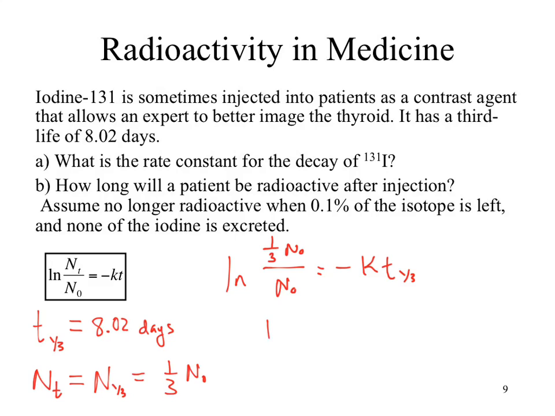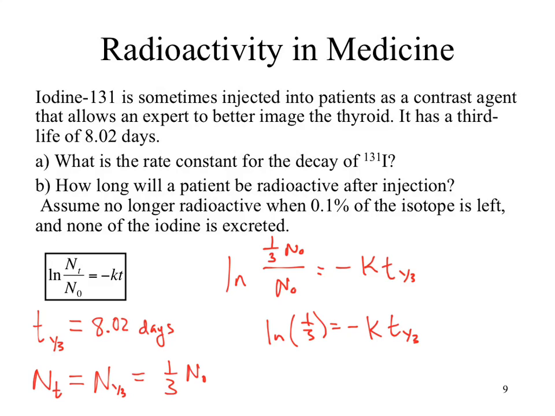And we would get the natural log of 1/3 equals negative k t sub 1/3. Do we know what the third life is equal to? Yes. The only unknown is k. What can we do? We can solve for k.